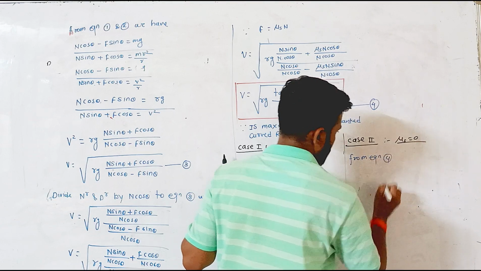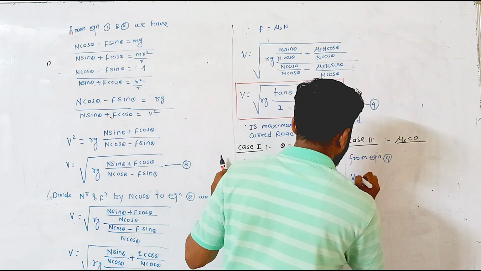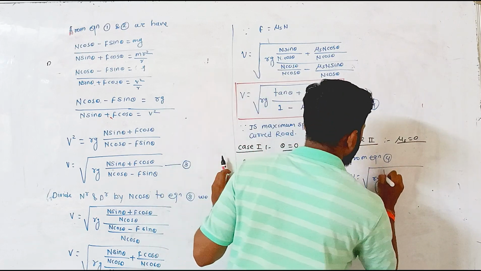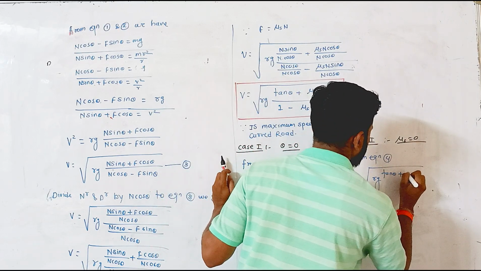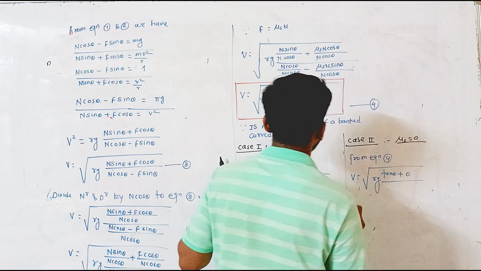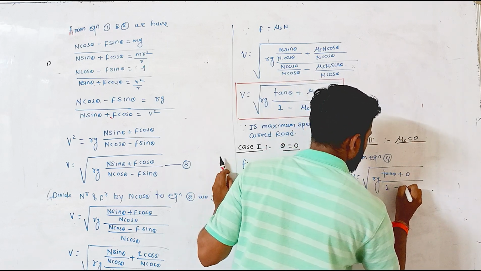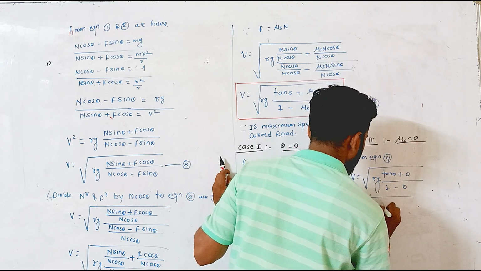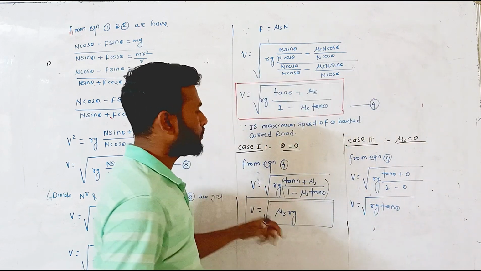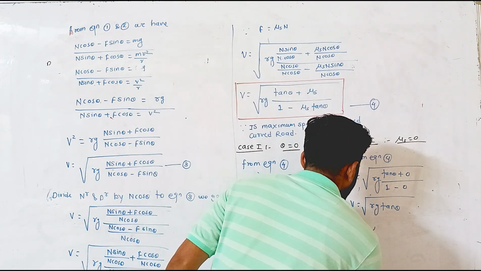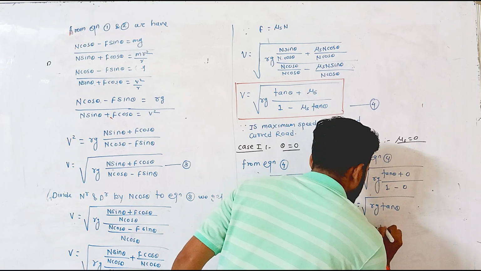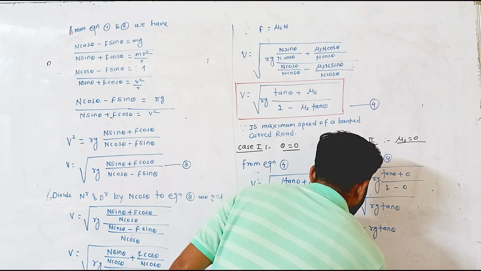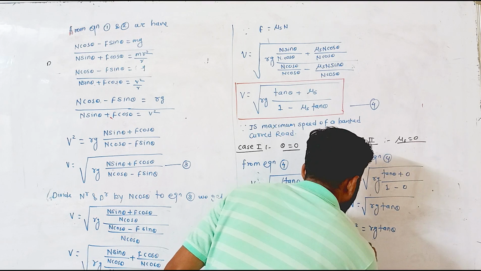So again take equation 4: v equal to under root rg, tan theta plus 0 upon 1 minus 0. Okay, v equal to under root rg tan theta. How can we write it? V square equal to rg tan theta. Okay, got it?